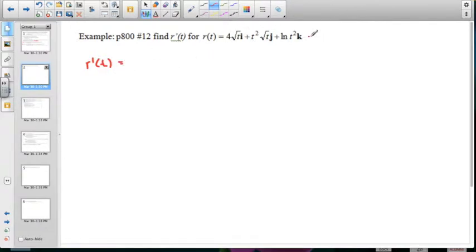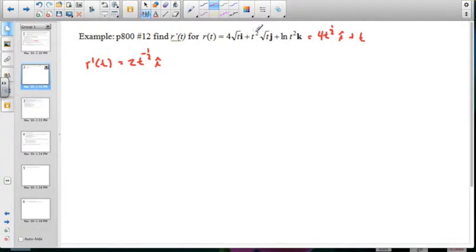So taking the derivative of 4t to the 1/2 is bring down the half. We get multiplied by the 4. We get a 2t to the minus 1/2. And then that's the i component, so we stick with the i directional indicator. And then we're going to take the derivative of t squared times the square root of t.